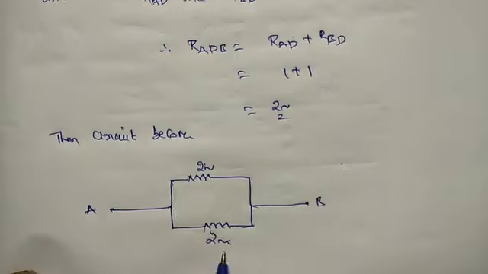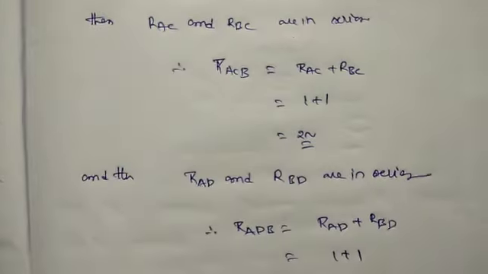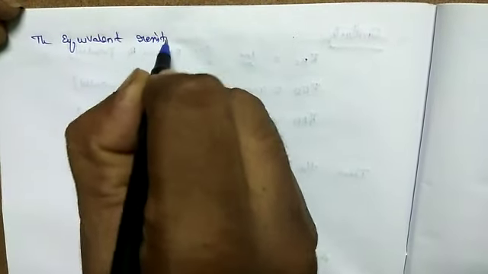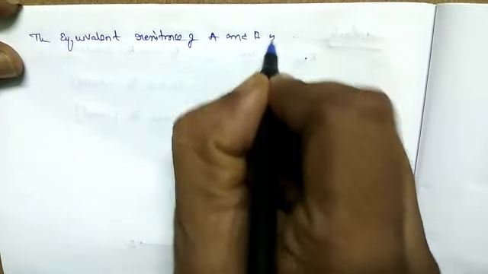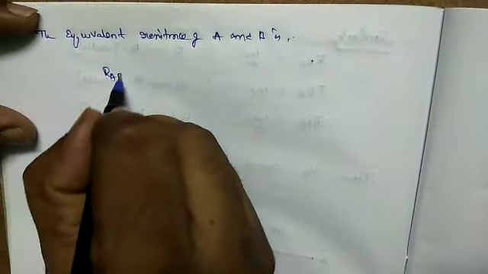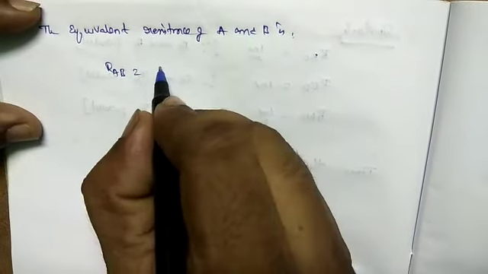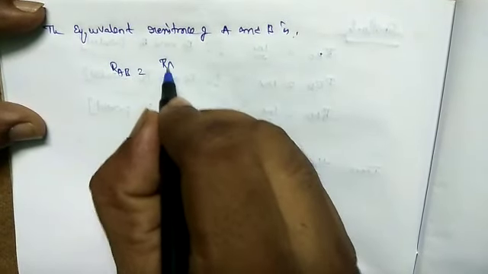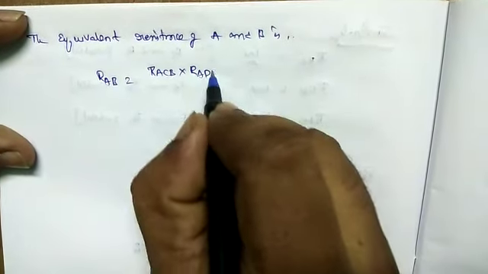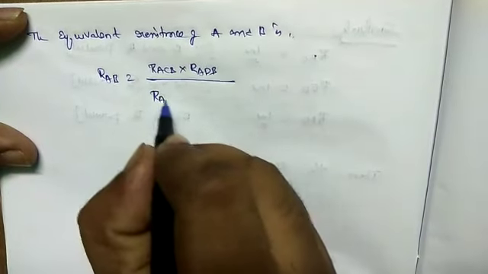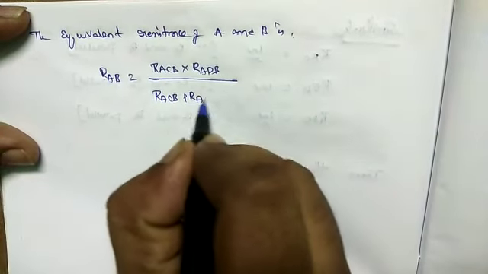So the equivalent resistance from A to B is two 2 ohms in parallel. Now we get the calculation. The equivalent resistance of A and B, RAB, equals RACB into RADB by RACB plus RADB.